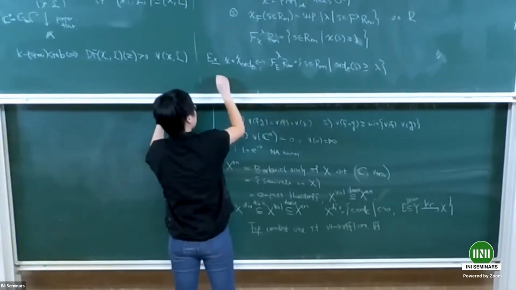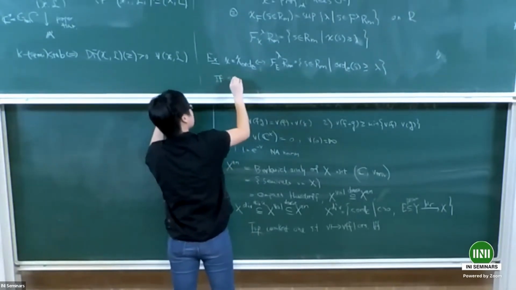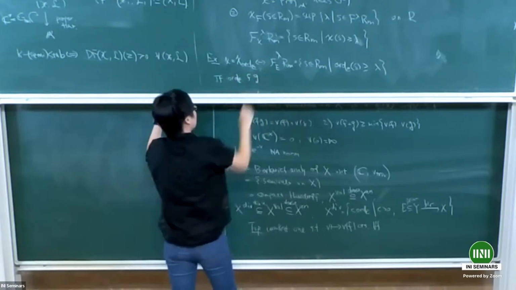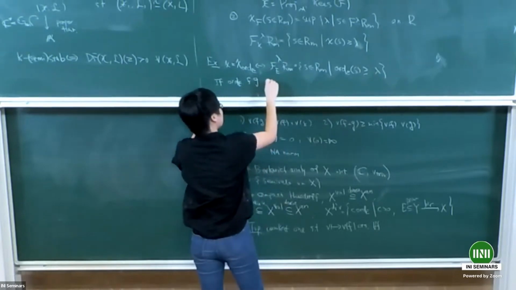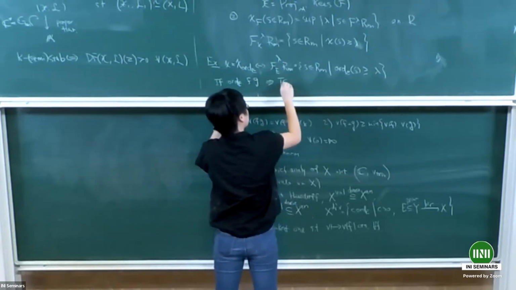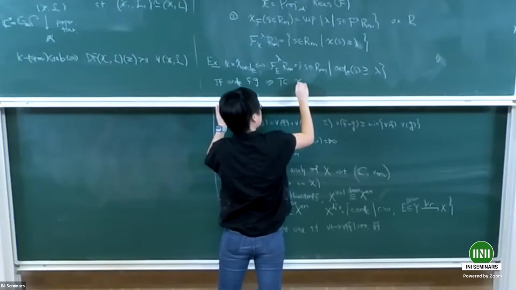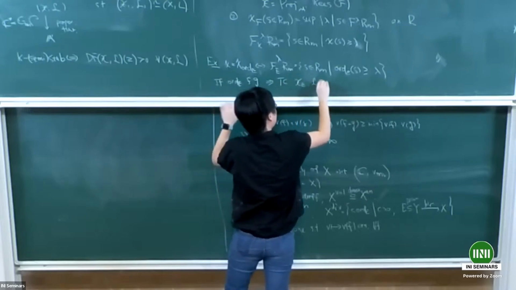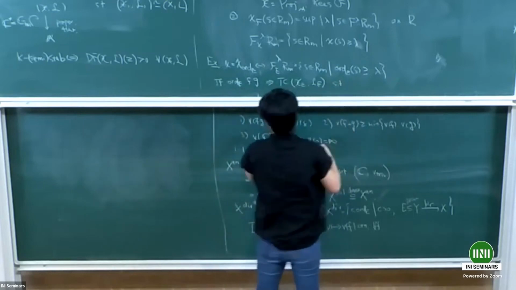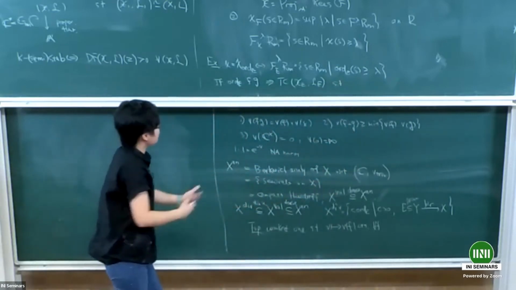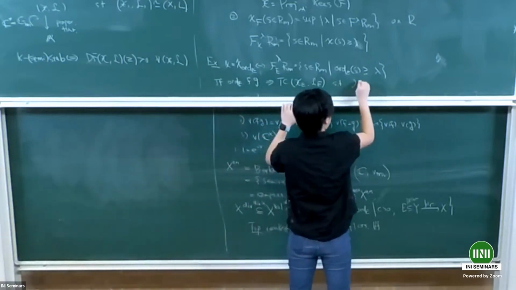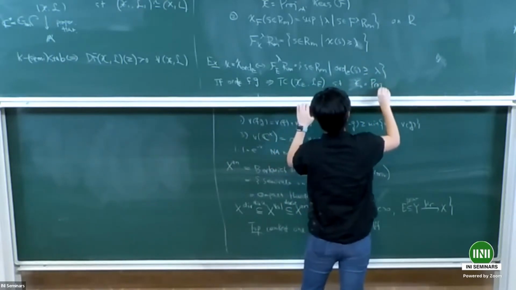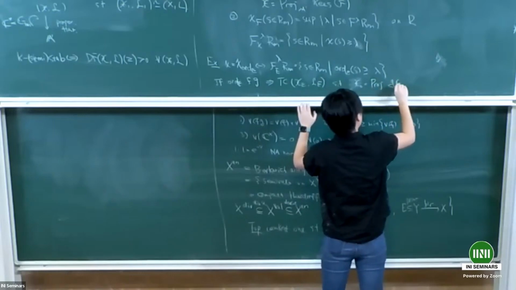So if it happens that this valuation is finitely generated, meaning the corresponding filtration, when you form the Rees algebra, is finitely generated, then it gives a test configuration, call it X_E maybe, such that it's very easy to write down the central fiber. And in particular, it has a very nice central fiber. So X_0 is going to be the Proj of the associated graded of the filtration.